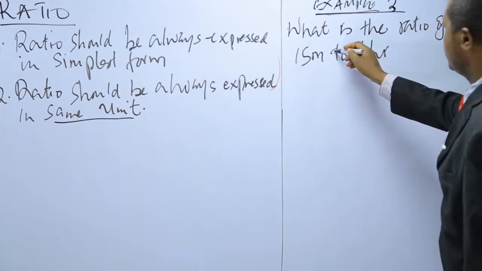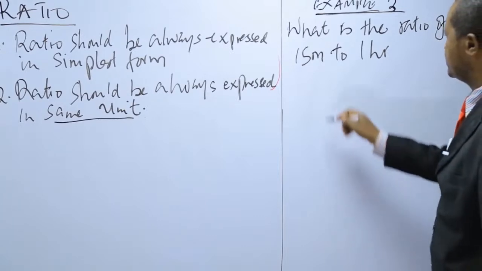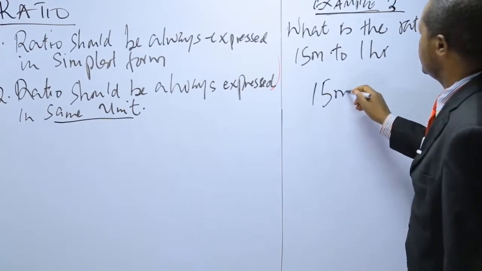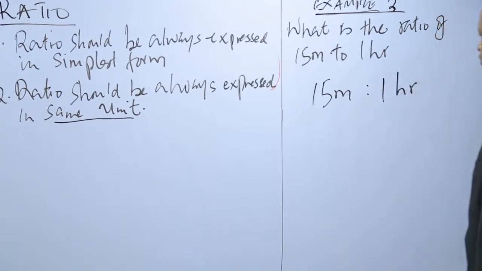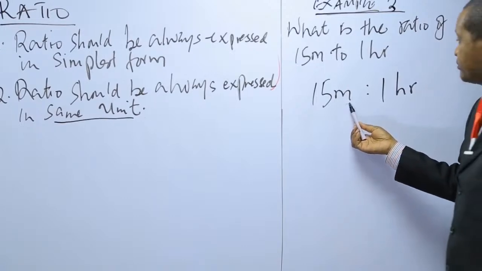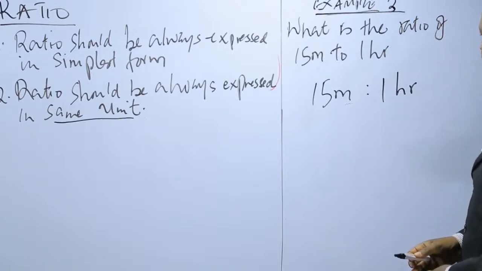What is the ratio of 15 minutes to 1 hour? The ratio is 15 minutes to 1 hour. All right, you can see the units are not the same. First step, make sure the units are the same.